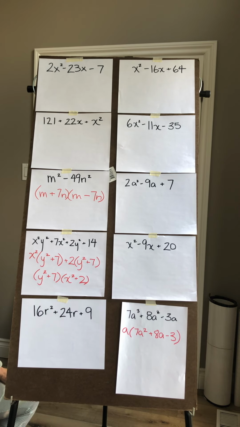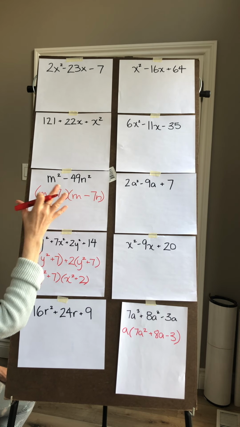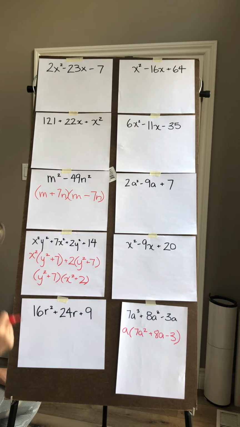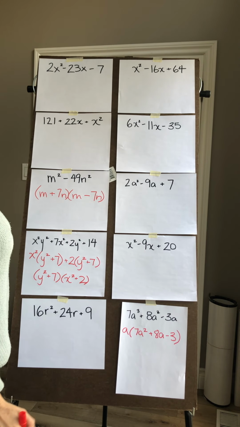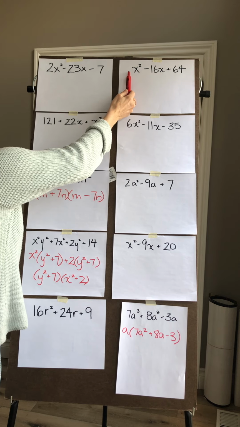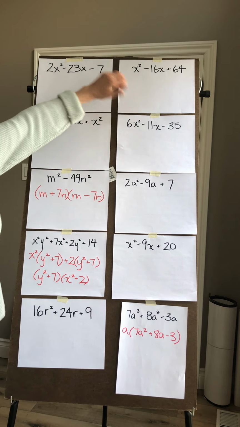All right, so we've done common factor. We've done 2 terms. We've done 4 terms. These are all 3 terms. So the first thing you're gonna wanna do is look for ones that haven't got a number in front of the x squared. So this is a good one.